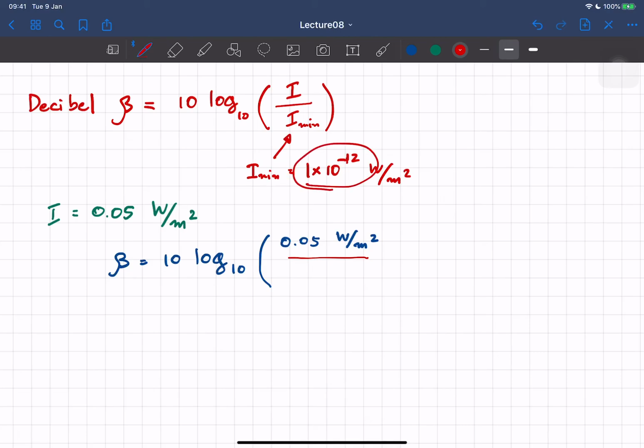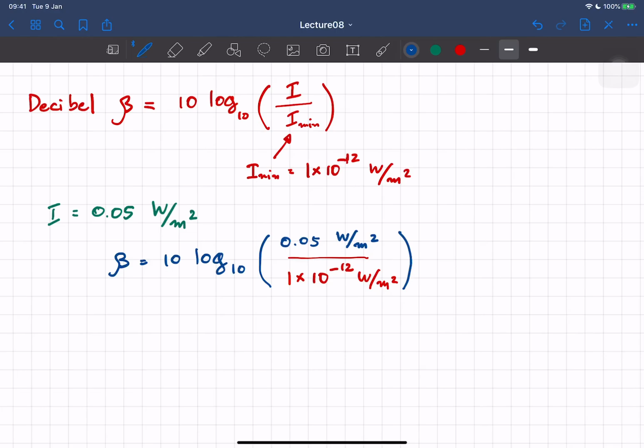Again, this is fixed, you don't need to change it around. It's always 1 times 10 to the minus 12 watts per meter square. So let's put that in.